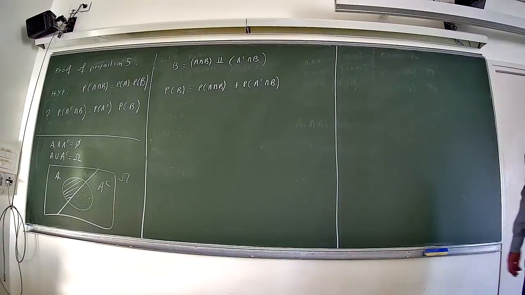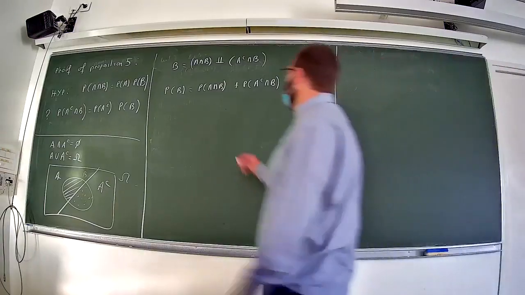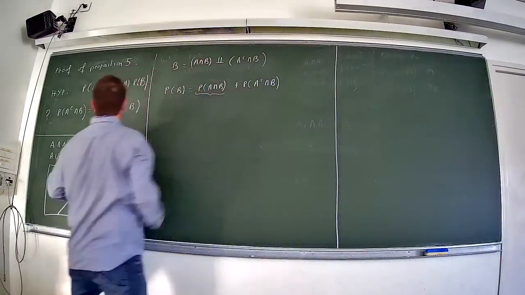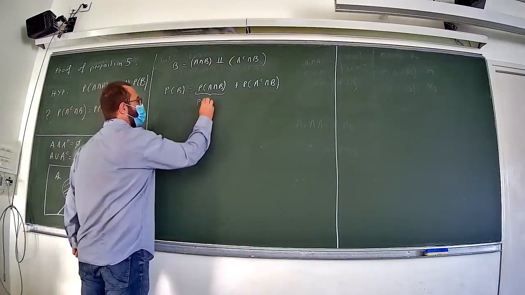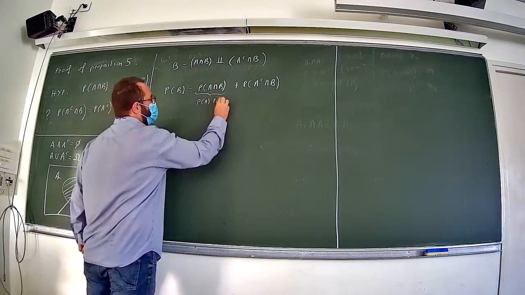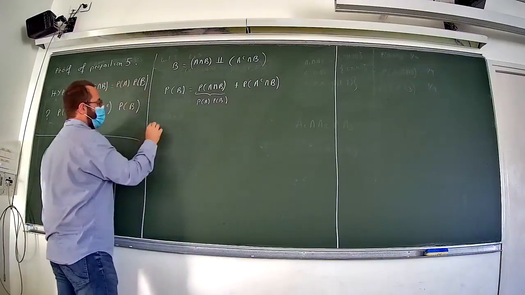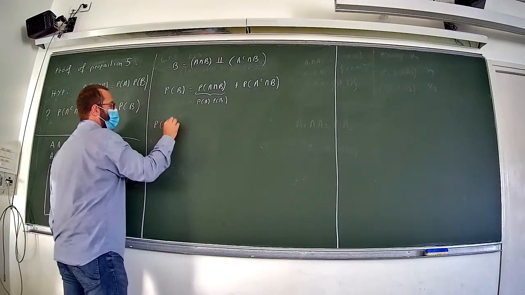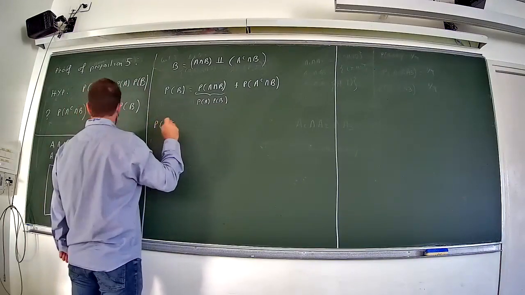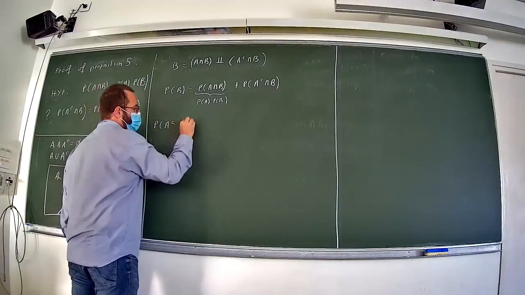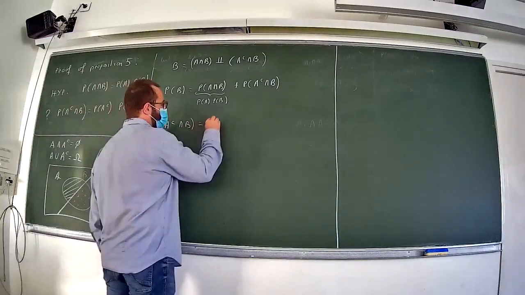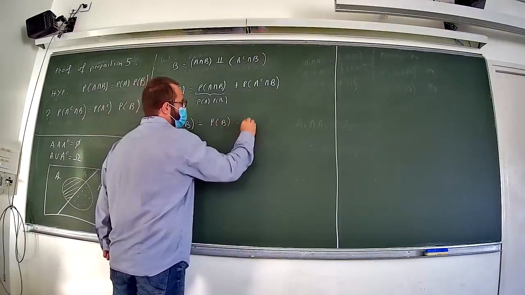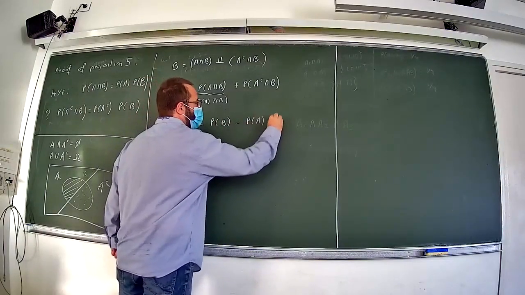What is my hypothesis? The fact that this term is equal to P of A times P of B. And so I deduce from this that what I am interested in, the probability of A complementary intersected with B, may be written as P of B minus P of A times P of B.